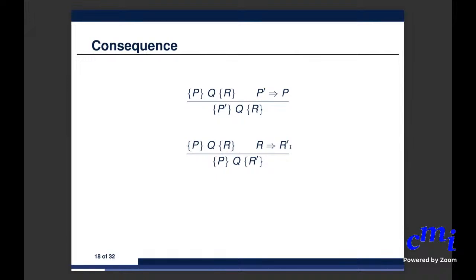You can mix and match. But usually the way of automatically implementing these things is to either start with the precondition and propagate it all the way to the exit, or do it in the backward way.